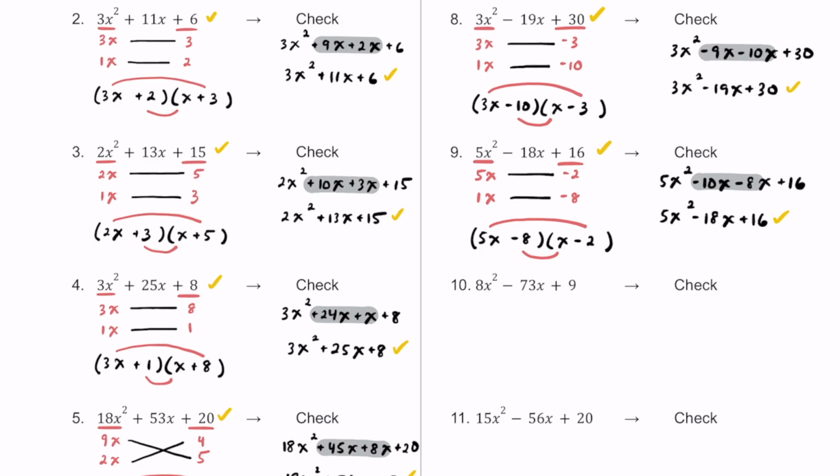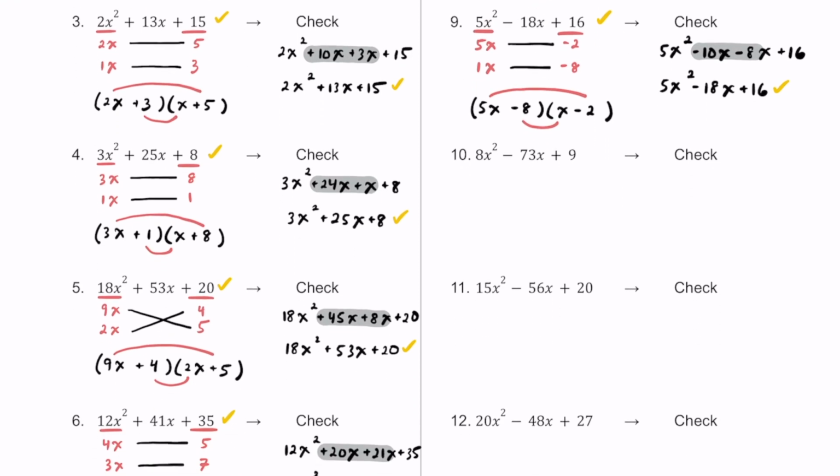Okay. For number 10, we have 8x squared minus 73x plus 9. Unfortunately, 8 is a composite number, so we may not have just 1 and 8. It could also be 2 and 4. Let's try 1 and 8 first. So let's do 8x and 1x. And for the 9, we have either 1 and 9 or 3 and 3. Let's start with the ones closer together.